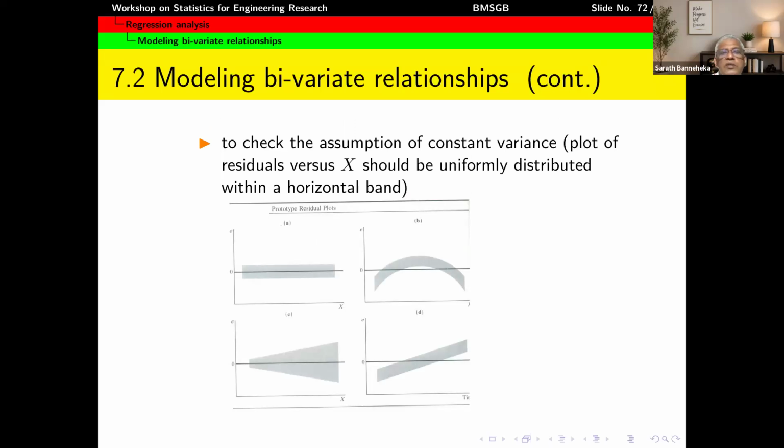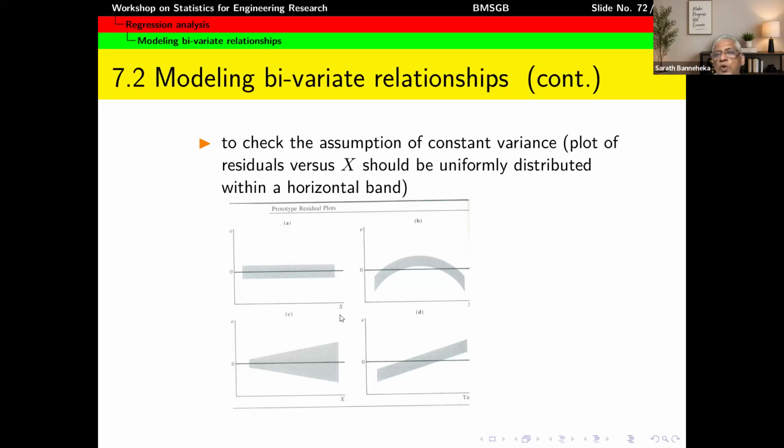And also to check the assumption of constant variance, you can use the residuals like this, right? You would expect the variance of the residuals when you plot the residuals, or in this case, it's better to always use standardized residuals or studentized residuals versus the fitted value.